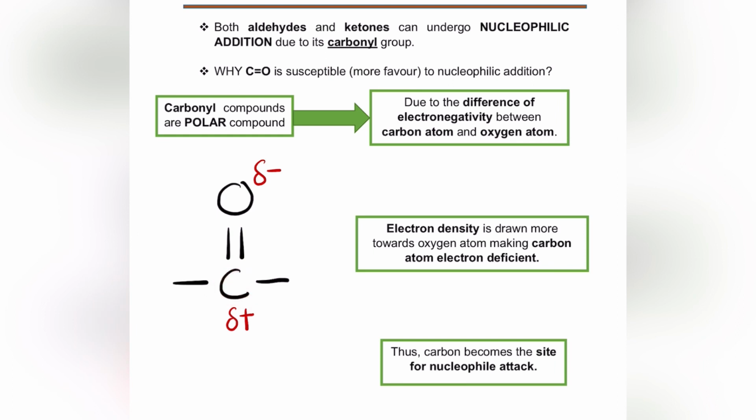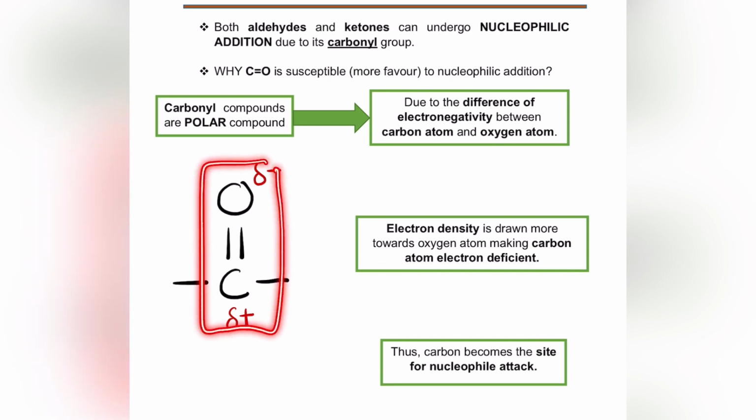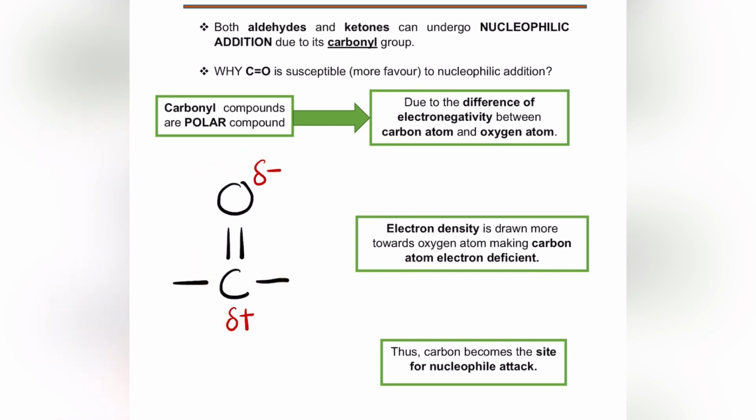When we want to determine what kind of reactive site this is, because of the polarity, this carbon double bond O is an electrophilic site. So you are going to use a nucleophile to attack this carbon atom because this carbon atom is electron deficient.